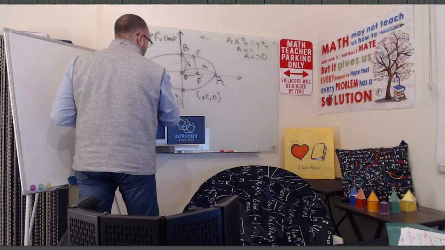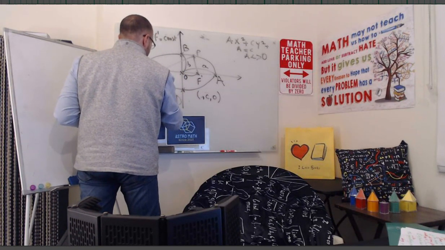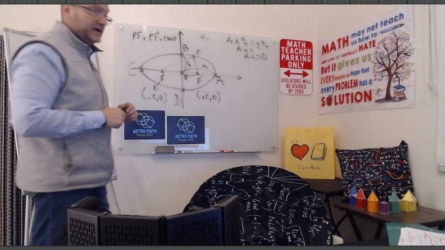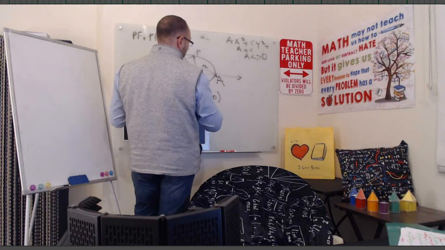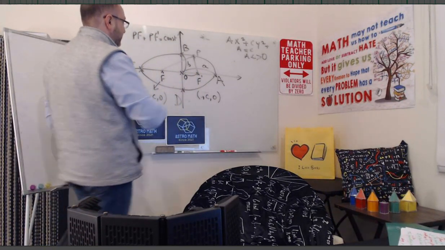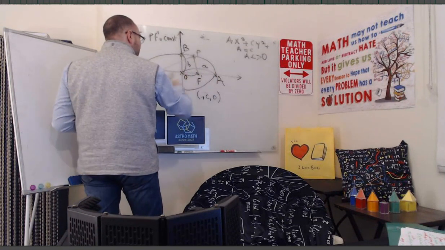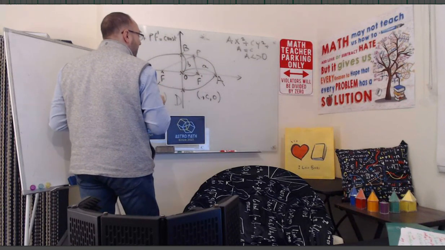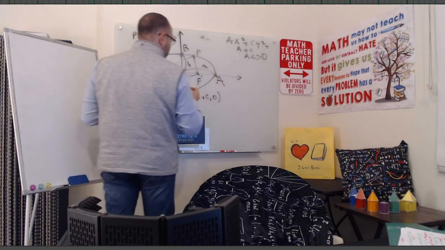And this one is what? It's minus c and 0. In most textbooks, the foci are at c. The c is associated with the foci, with the focus points. So this is the small a, this is the small b, this is the small c or minus c, depending on where you are, okay?